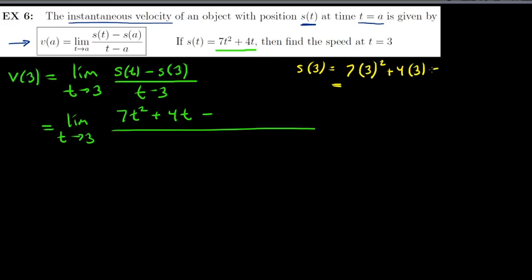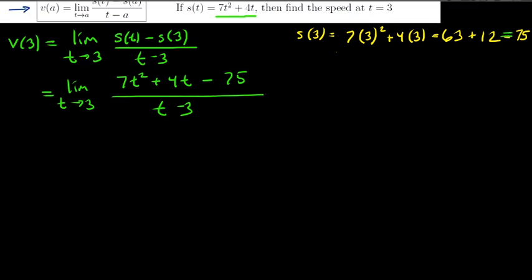This is equal to 7 times 9, which is 63, plus 12, so 63 plus 12 is 75. So s of 3 is 75, but we're subtracting that, divided by t minus 3. Now I realize I didn't need such a long fraction here, but it's okay.